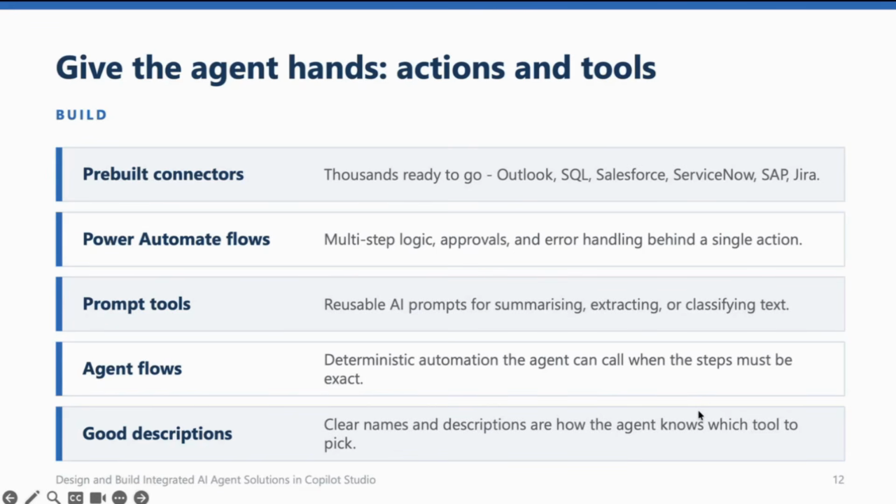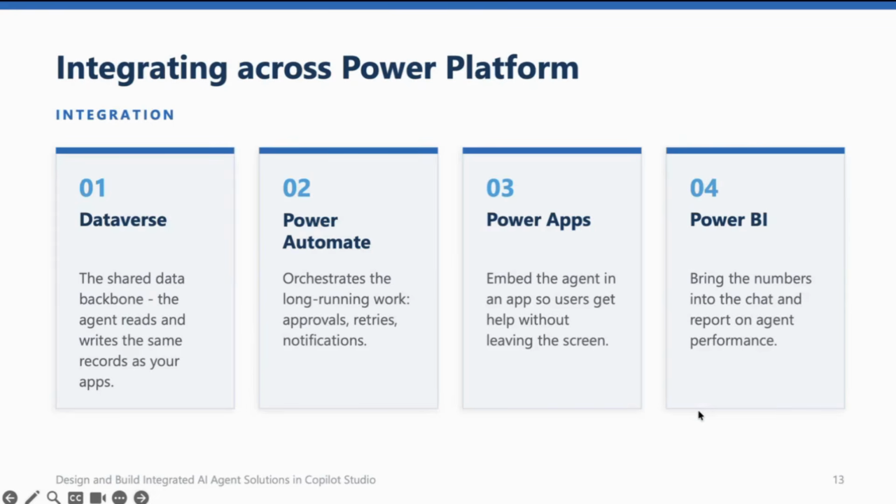So whenever you are creating a flow or a prompt, make sure you are giving a proper name, a proper label, and a proper description. Okay. For example, I want a flow that is going to create a ServiceNow incident for a hardware fault. So you have to describe it as create a ServiceNow incident for a hardware fault, and then only your agent is going to pick the correct flow as per the requirement.